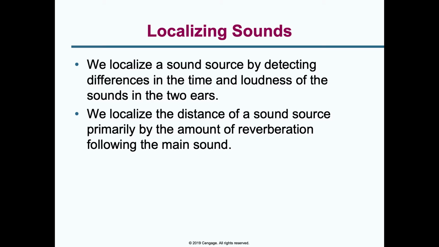And the way we can actually measure it more definitively is by listening to an echo. We first hear the sound, and then if it reflects off a wall and comes back to us, we hear it again.